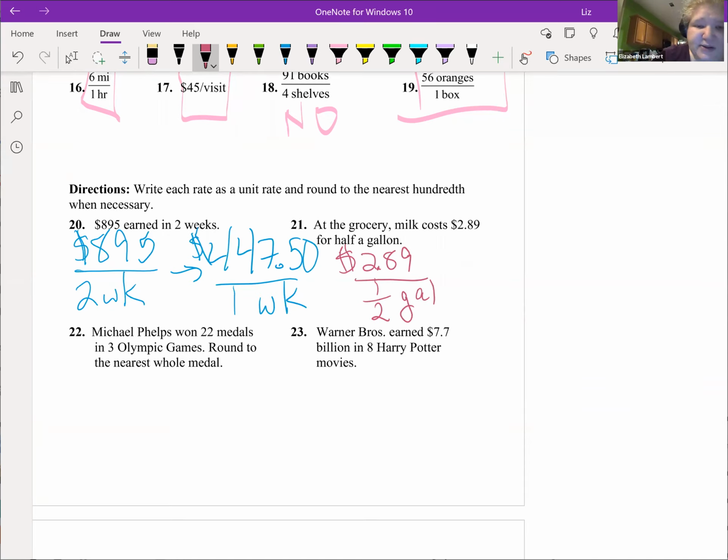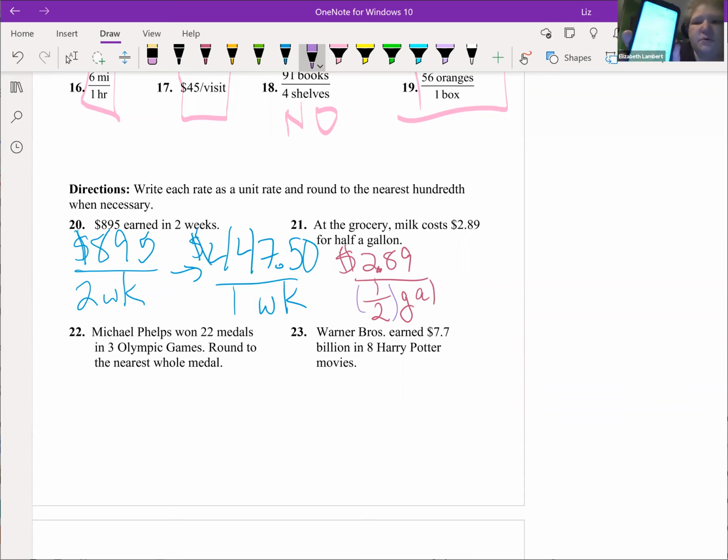So to type this on the calculator, again, you could either use 0.5 instead of the 1/2, or you have to make sure you put the 1/2 in parentheses when you're typing. Or we could do it by hand and you actually just end up multiplying by 2. But here we go, 2.89 divided by open, 1 divided by 2 close.